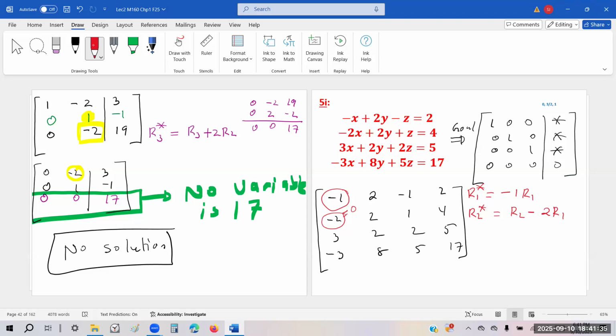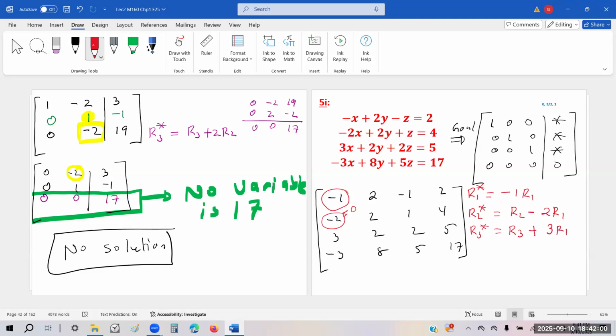The new row 3 will be the current row 3, and since our row 1 is already minus, we can simply multiply by +3, and we add these two, we get 0. So this is plus 3 row 1.